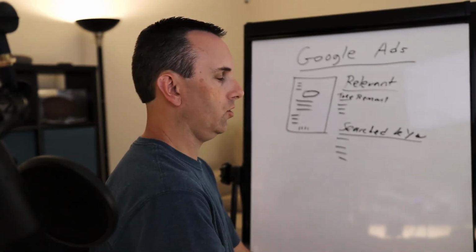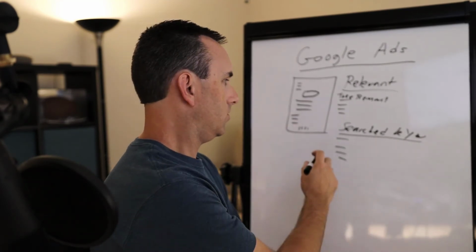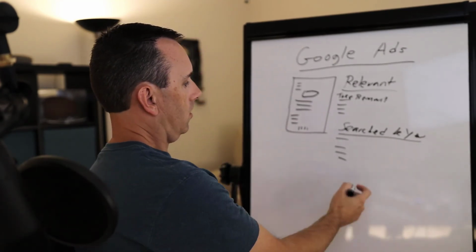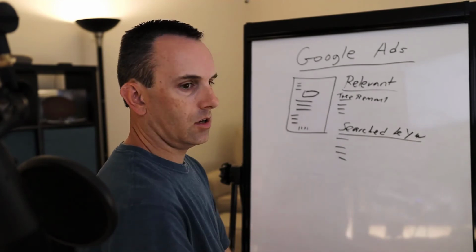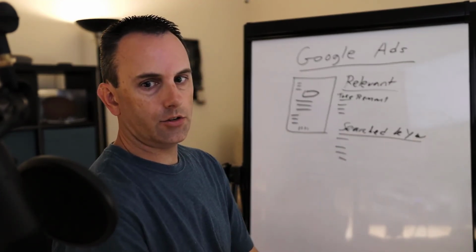Now, what you want to do, on a periodic basis, I used to do this about once every two weeks, is go through the ad account, look through the search keywords, and see if that search term is something that you want your ad to show for.